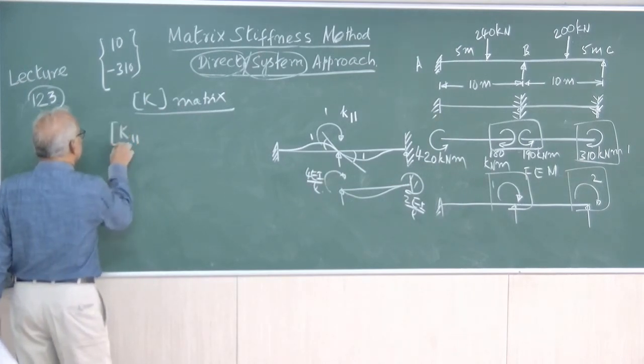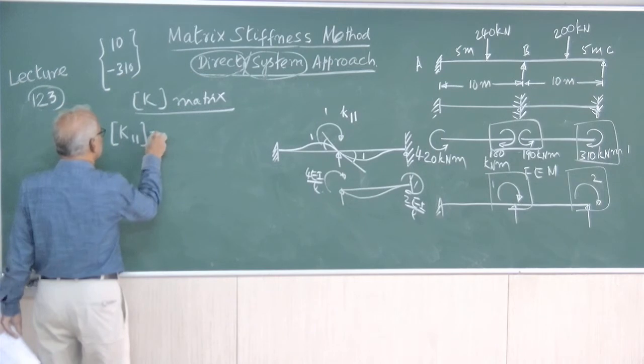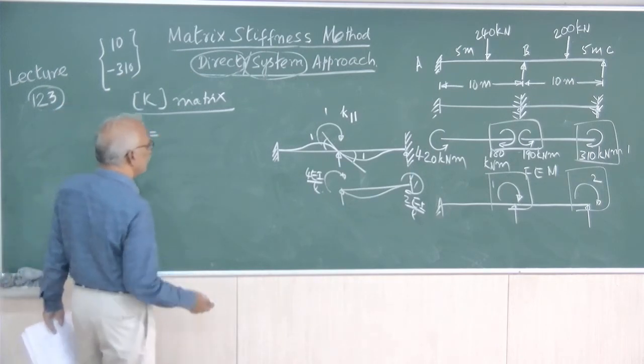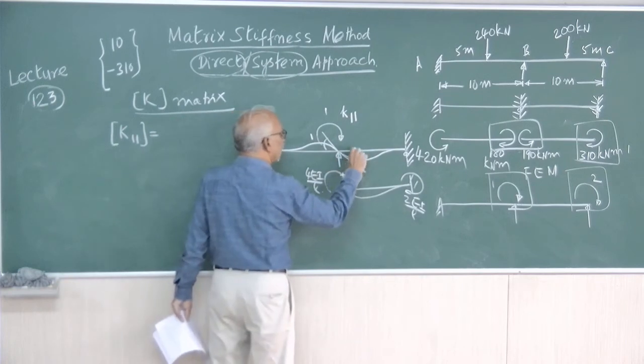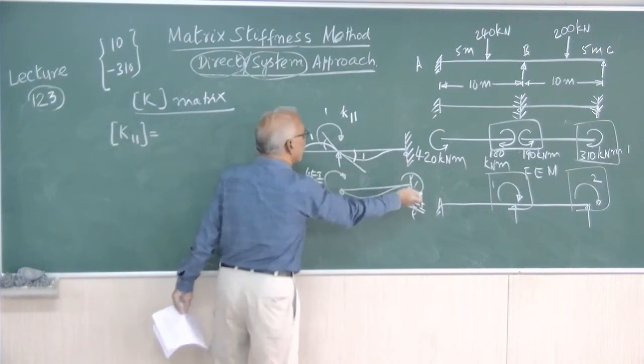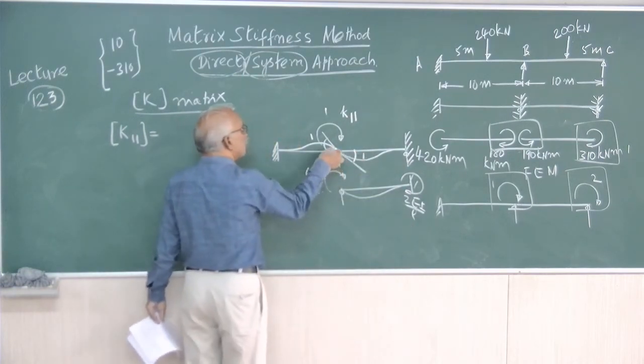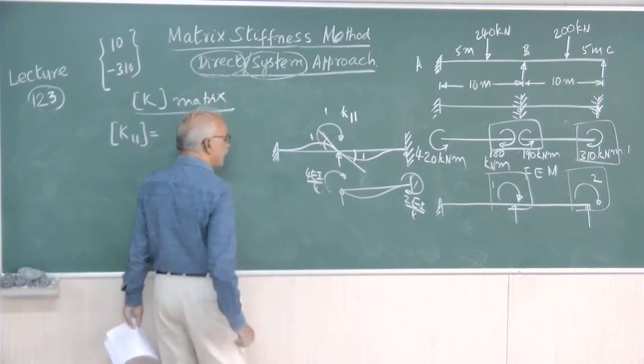So K11, this also has been discussed in the earlier problem, but still K11 equal to, for this rotation it is 4EI by L2, and for this rotation it is 4EI by L1.